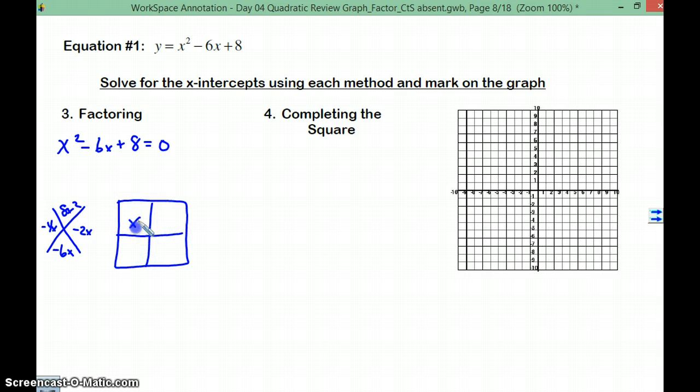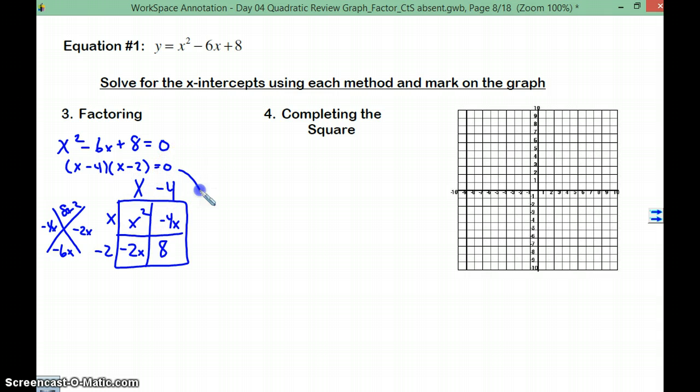Put it in the box. x squared, 8, minus 4x minus 2x, x minus 4. All right, so when we factor this, we get x minus 4 times x minus 2 equals 0.